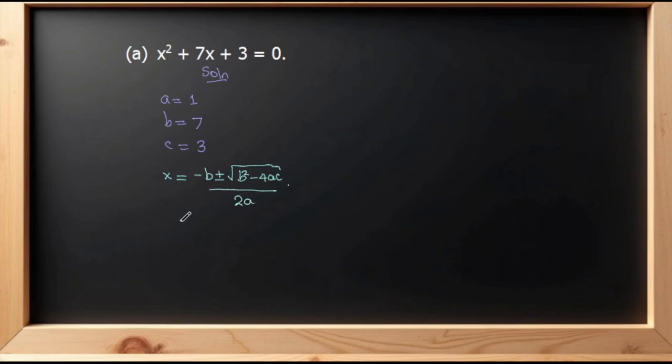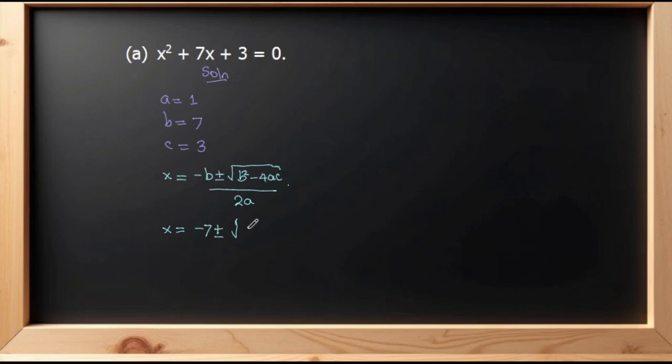Now let's make our substitution. Our b value is positive, so positive times negative becomes negative. So we have negative 7 plus or minus. The best way of writing this is first writing what is inside here, and then we place this bar once we finish writing, to know exactly where it will end.